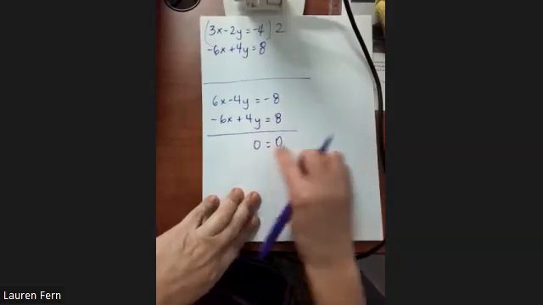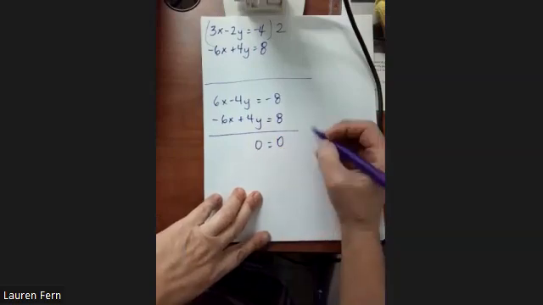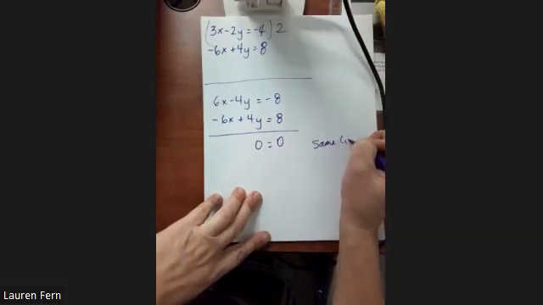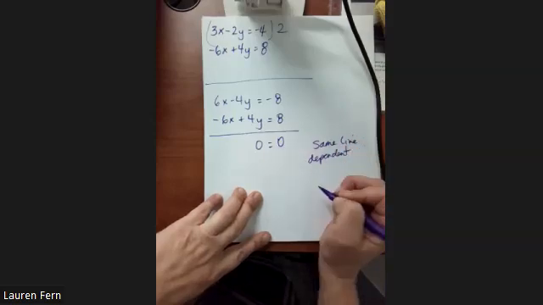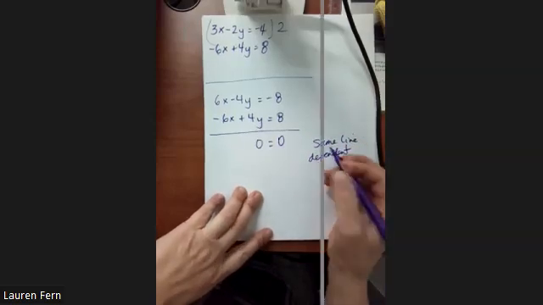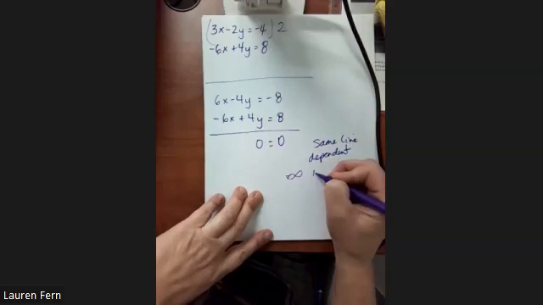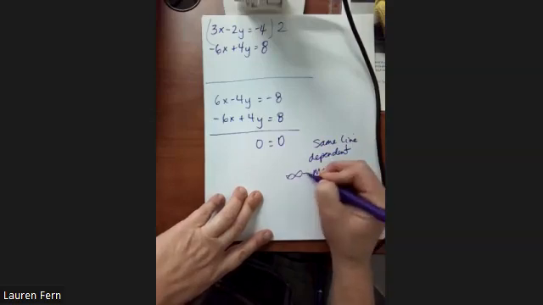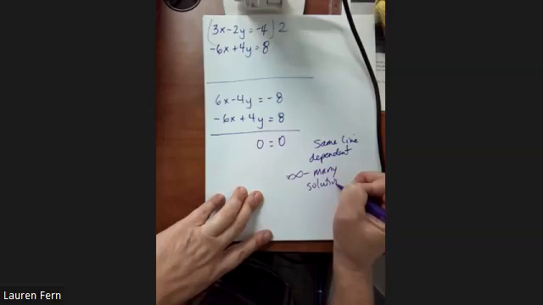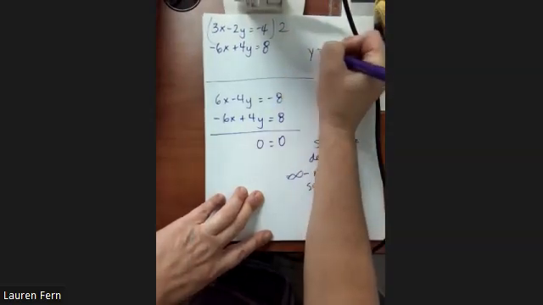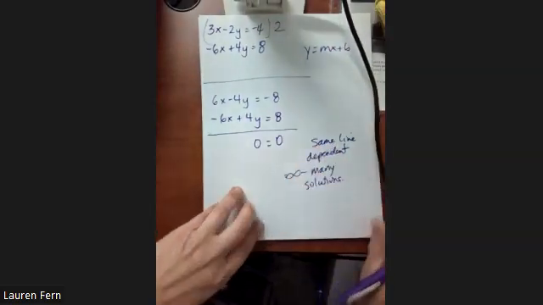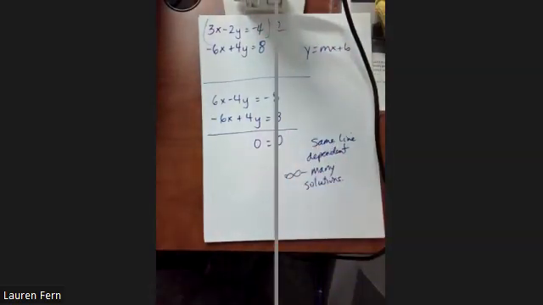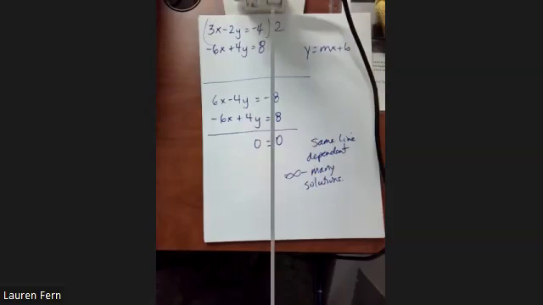I claim when you're in a situation like this, it turns out these are the same line. Books call them dependent, but essentially there's infinitely many solutions. And I claim if you write both of these in the form y equals mx plus b, you're going to get the same thing. You with me there? Cool.